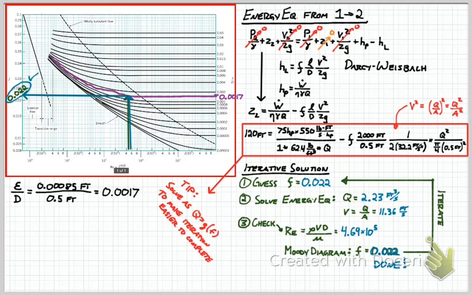The other type of problem that you'll use a very similar approach for is what I call a type 3 problem in class. That's when you're given something about the fluid properties and the flow properties, and you're actually after the pipe geometry. So that type of problem would be recasting this exact same question, but perhaps asking for a given flow rate of 7 cubic feet per second, what would the required pipe diameter be?